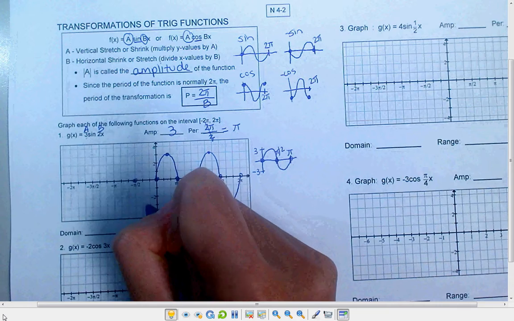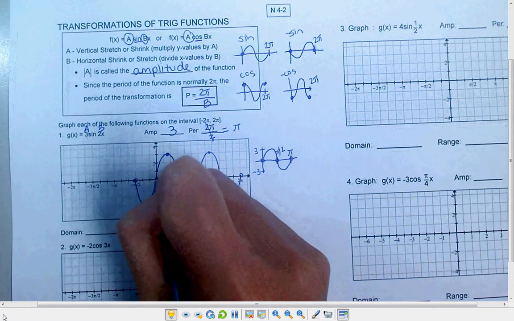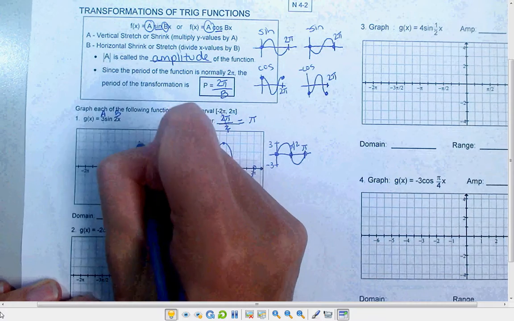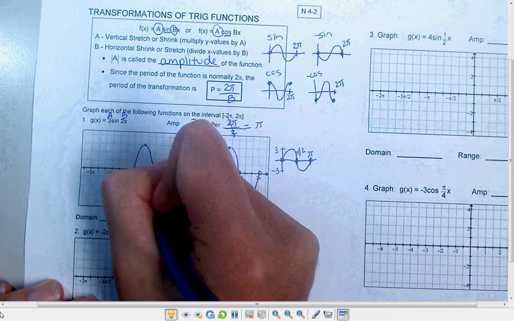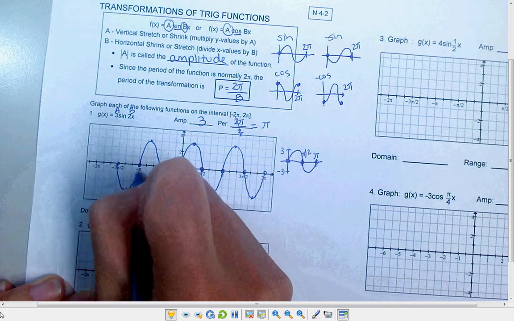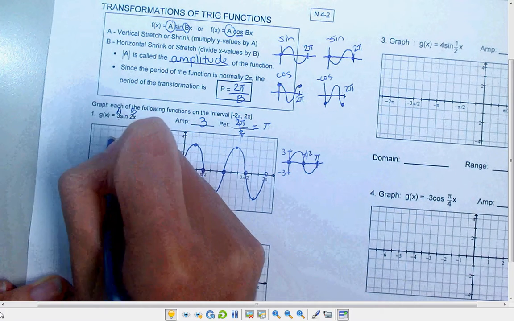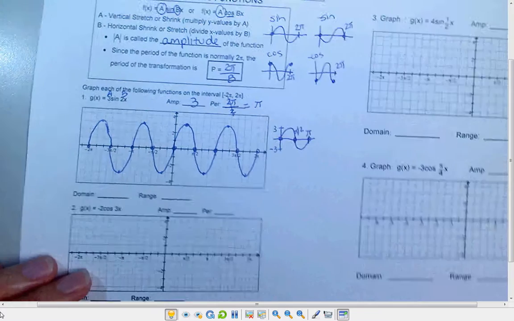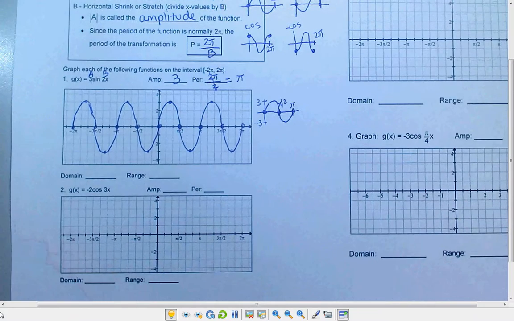Again, halfway in between. And that is my graph for this function.